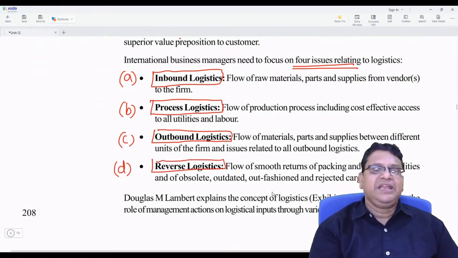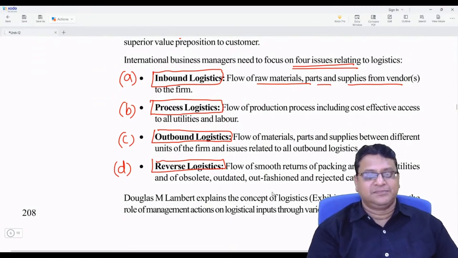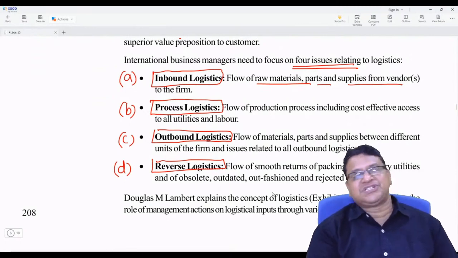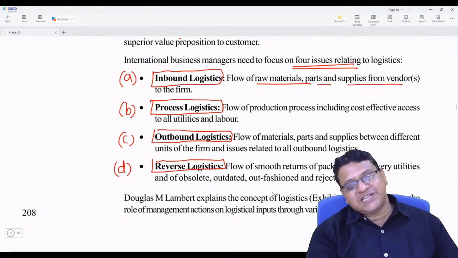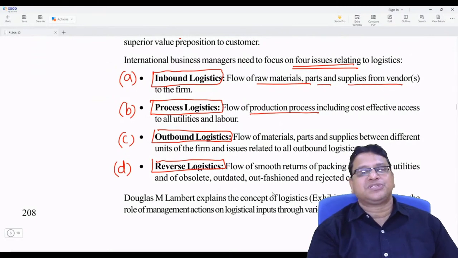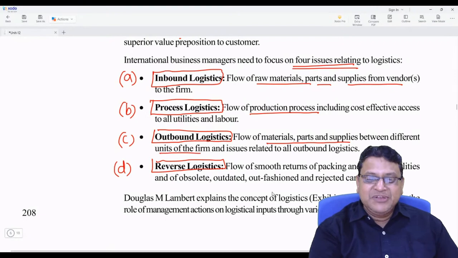Inbound logistic deals with the flow of raw material, spare parts, and supplies from vendors to the firm. Process logistic deals with the flow of the production process. Outbound logistic deals with the flow of material, parts and supplies between different units of the firm.